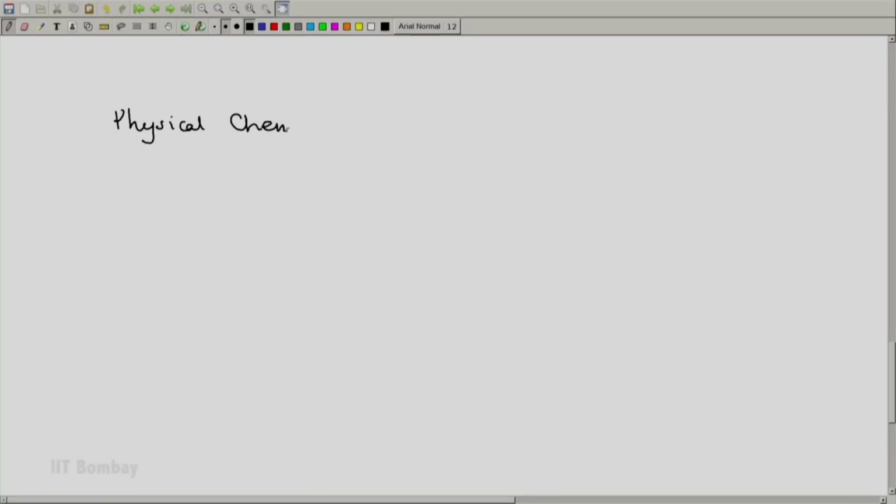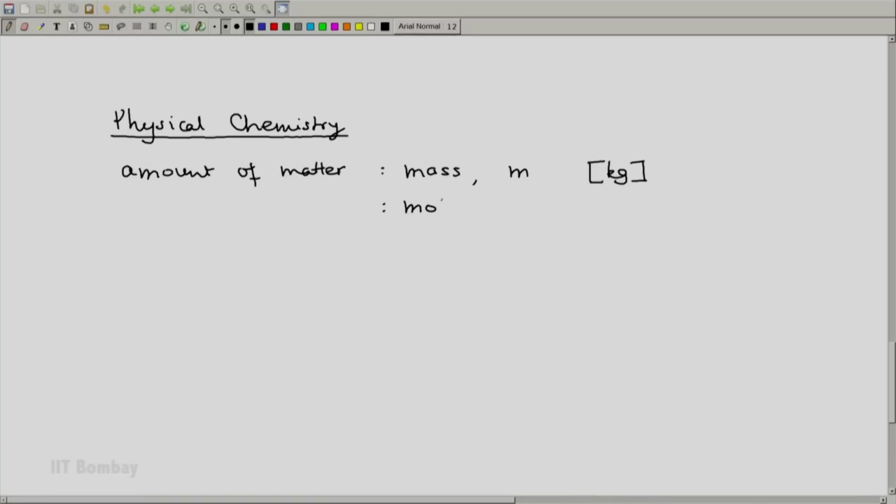Now let us visit physical chemistry. We know that the amount of matter can either be represented by mass, say m in kilograms, or it can also be represented in terms of moles, say n, kilomole. 1 kilomole of any given substance contains exactly the same number of atoms or molecules as appropriate, the Avogadro number.